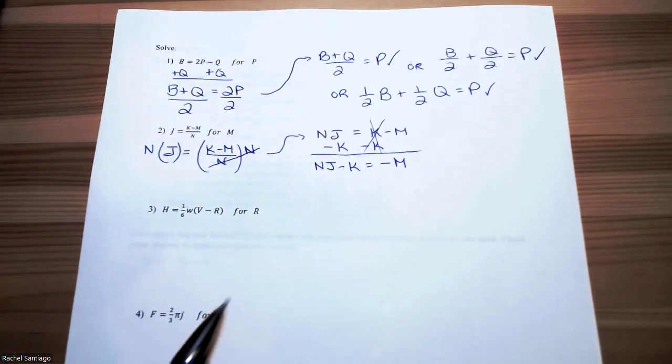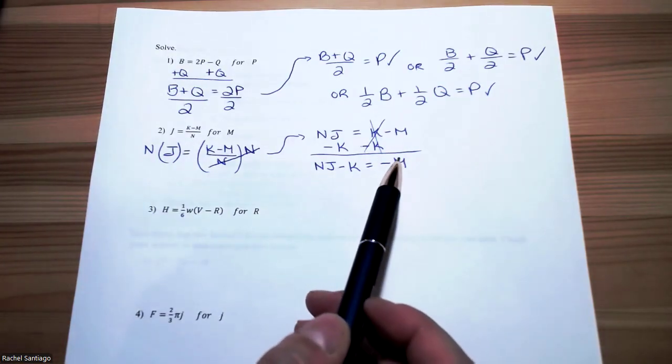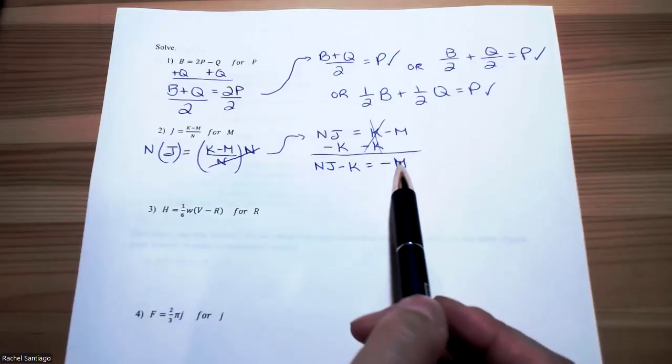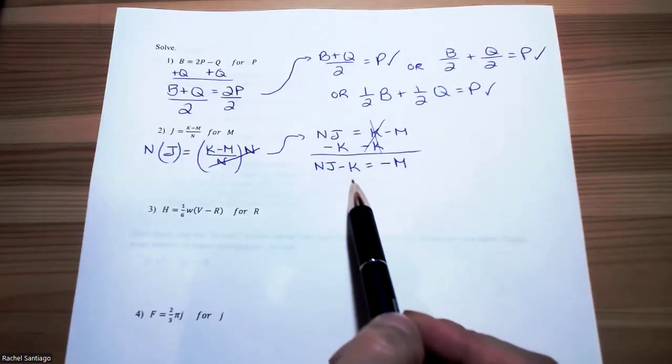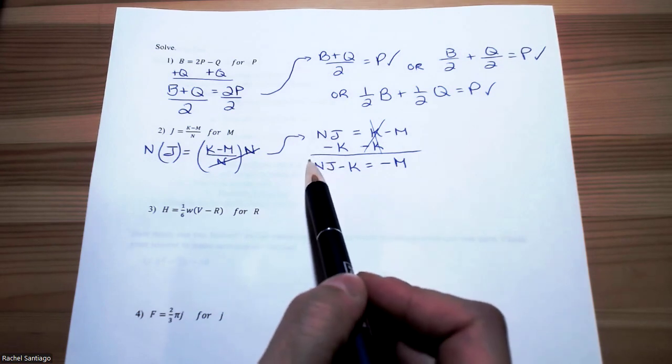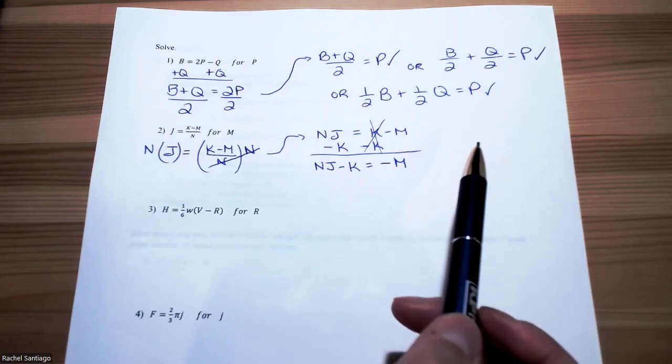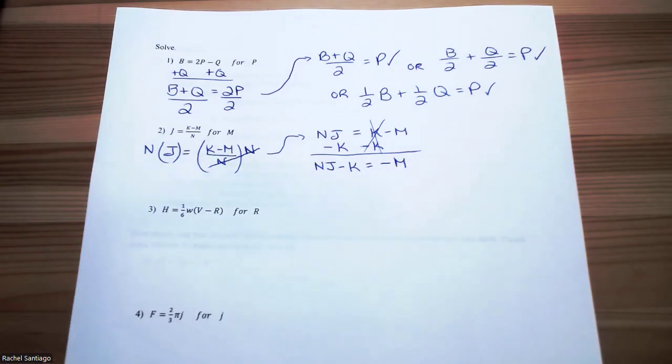Now here's the issue. We need to solve for m, not negative m. So at this point, we can divide every term by a negative 1, or we can multiply every term by a negative 1, or you can think about it as, if I were to multiply or divide by a negative 1, what actually happens? Oh, the sign of every single term flips, right?